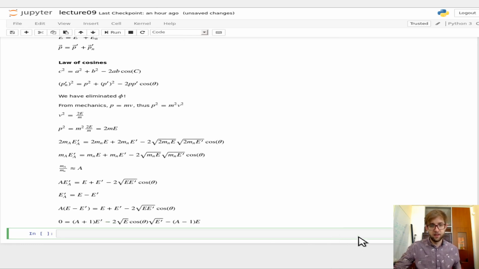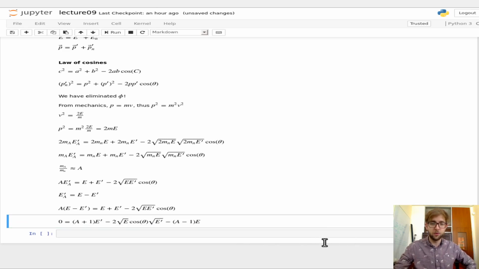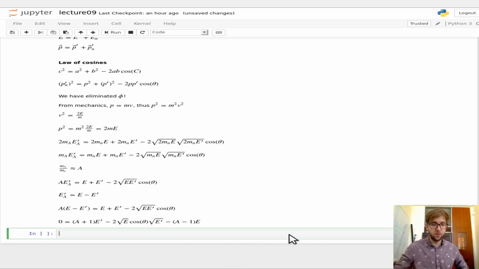Okay? So what do we get by this expression? Well, what's nice about this is that this is actually a quadratic equation with respect to the square root of E prime. And so if we apply the quadratic equation, we can solve this for the square root of E prime.